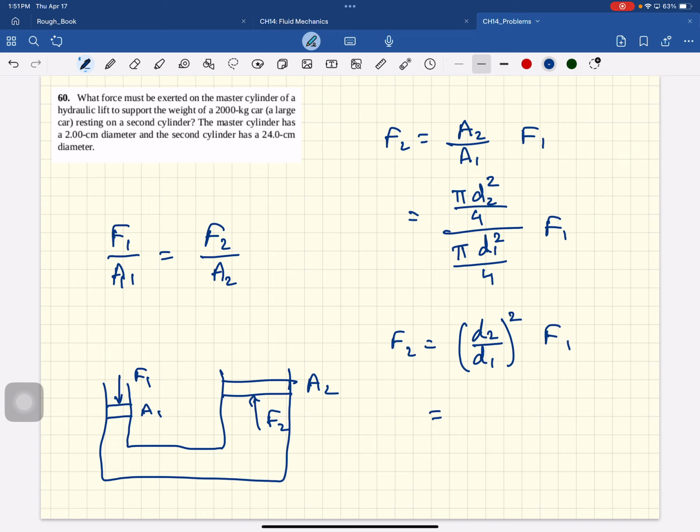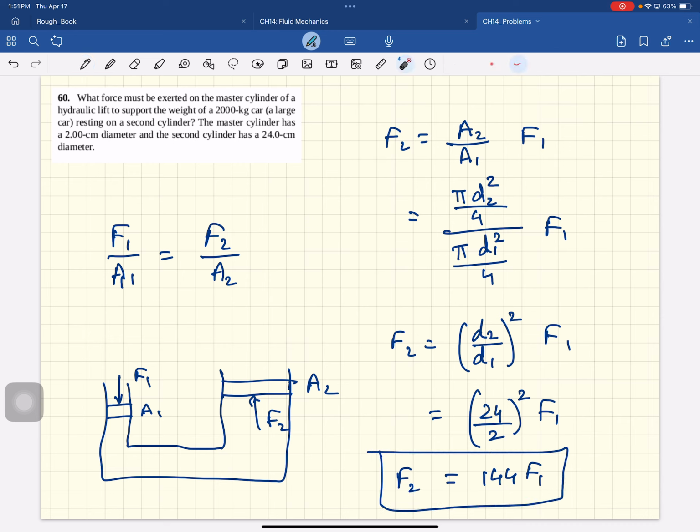Okay, and this is 24 over 2 squared. So you see the output force is 144 times the input force.